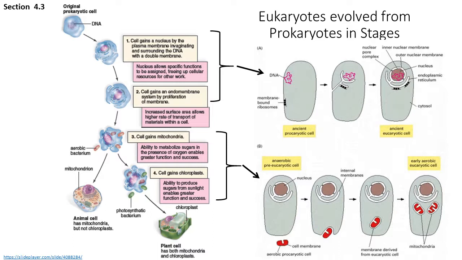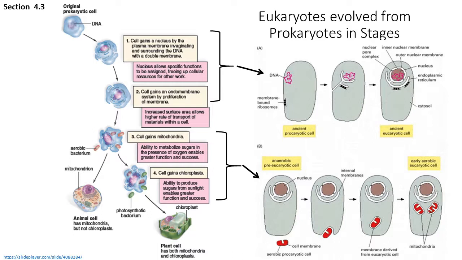This is called endosymbiosis because the bacterium are internalized into the eukaryotic cells. The cell, through gaining mitochondria, develops the ability to metabolize sugars in the presence of oxygen, and this enables for greater function and success of that cell.